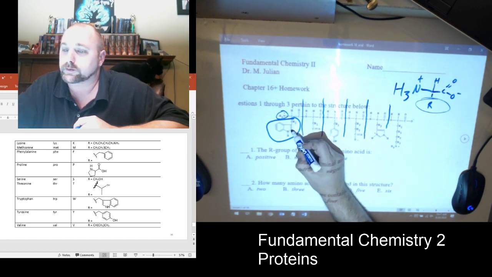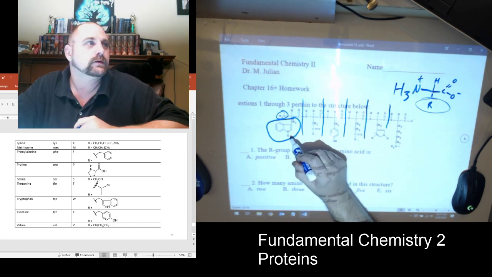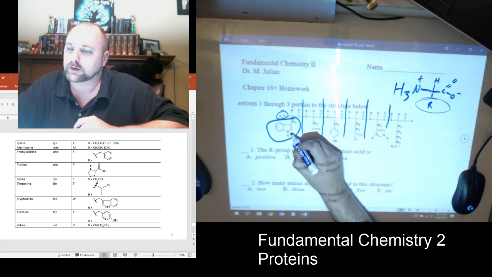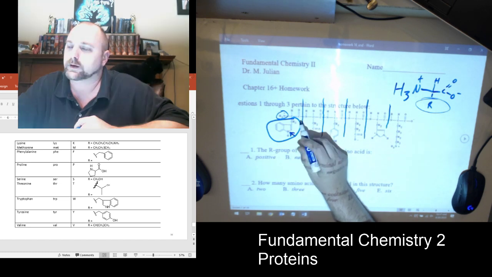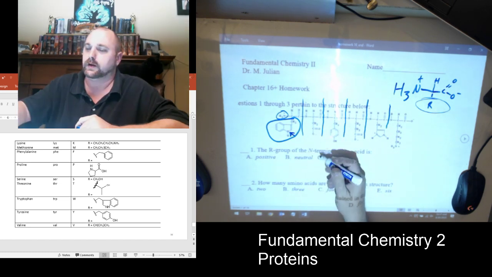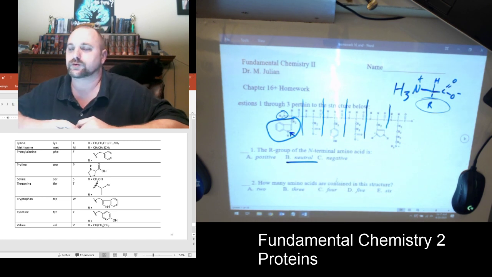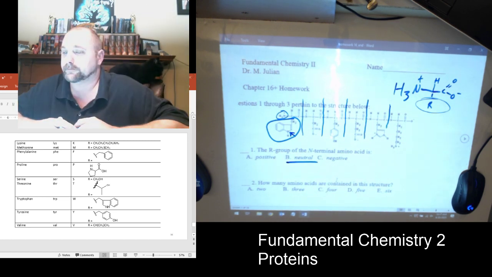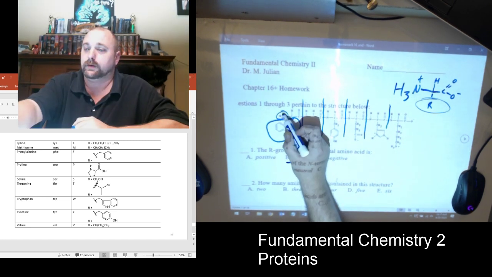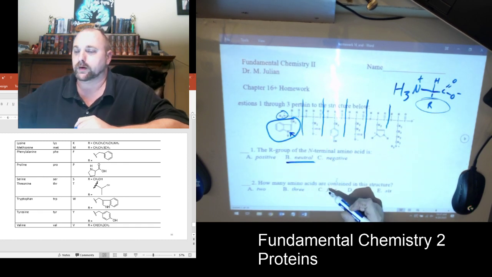Looking closely, there are 3 bonds and no charge, so this is neutral. Don't look up here, we're just looking at the R.